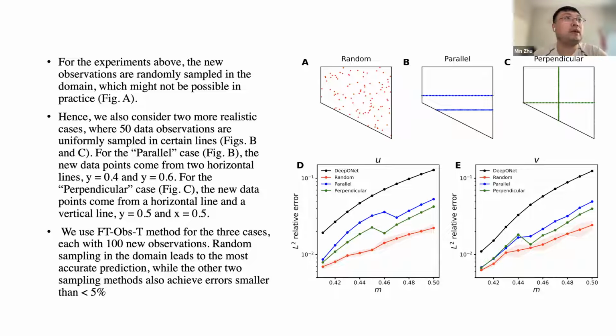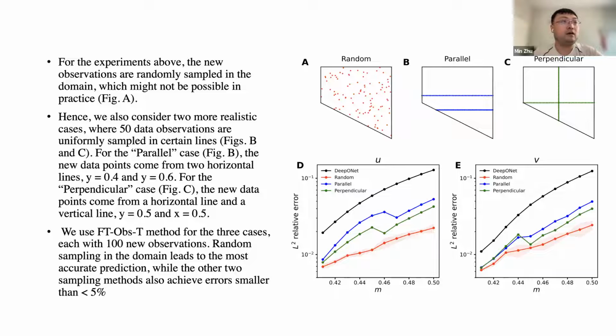For the parallel case in figure B, the new data points come from the two horizontal lines, y equal to 0.4 and y equal to 0.6. For the perpendicular case, the new data points come from a horizontal line and a vertical line, y equal to 0.5 and x equal to 0.5.